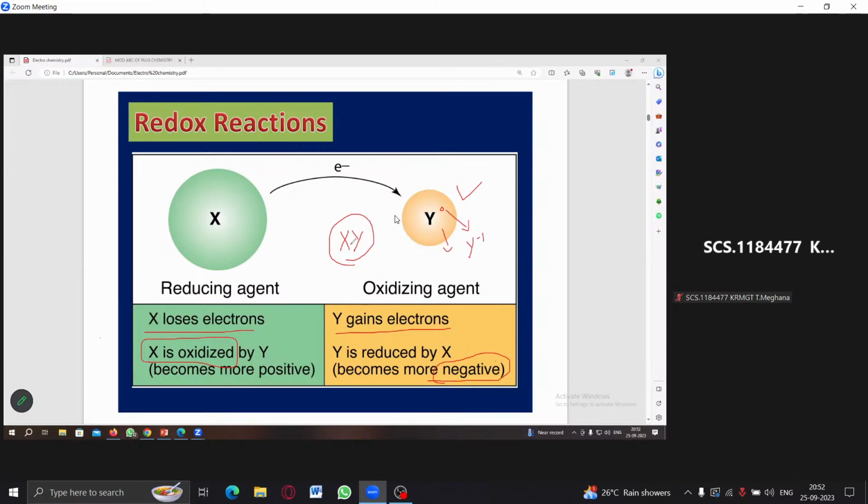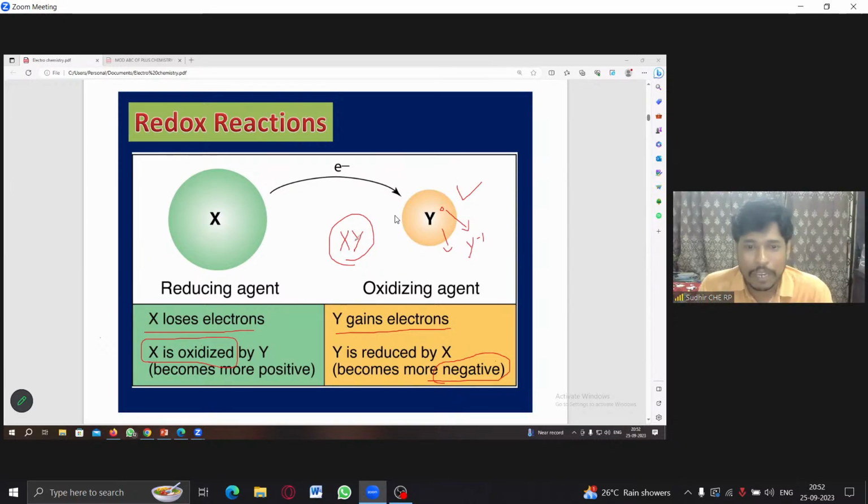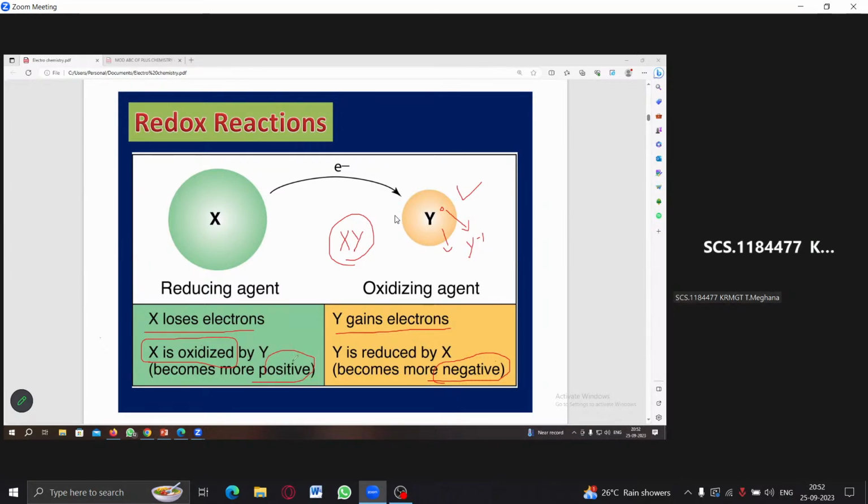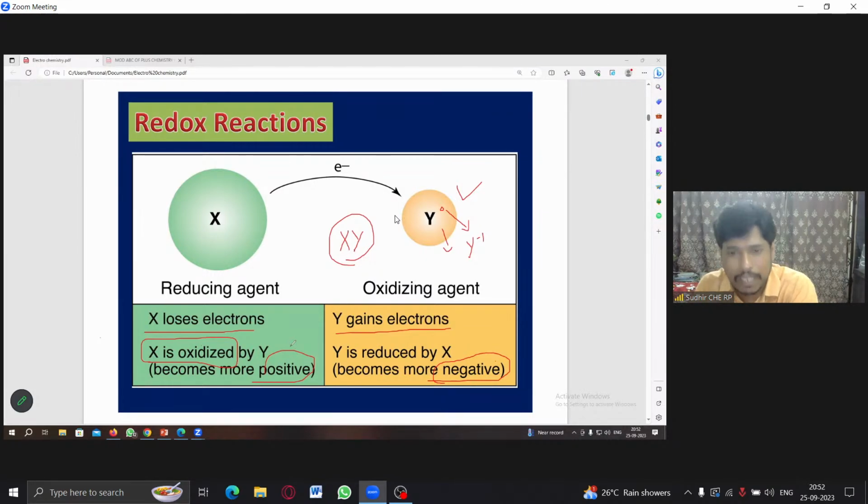Yes, obviously X is added to Y. What is the nature of X here? It is electropositive. So because of that addition of an electropositive element to the electronegative element, Y is undergoing reduction. Right or not? Yes.